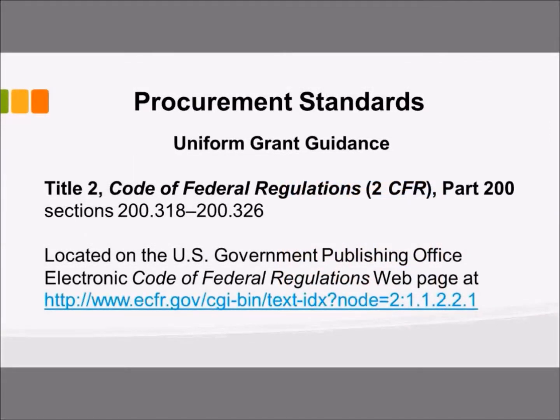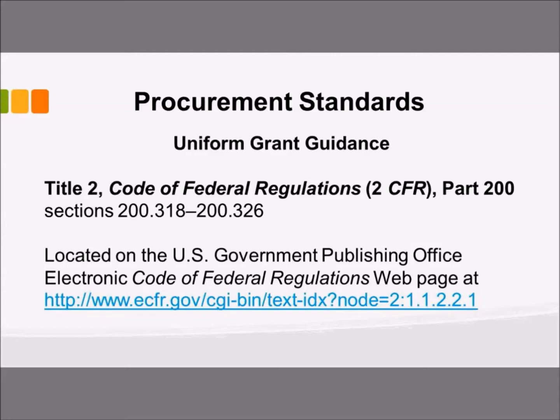In December 2014, the federal government issued Title 2 Code of Federal Regulations, Part 200, Uniform Administrative Requirements, Cost Principles, and Audit Requirements for Federal Awards. The NSD refers to this document as the Uniform Grant Guidance because it consolidates 8 older regulatory sections into one document that covers all administrative requirements, cost principles, and audit requirements for all federal awards.